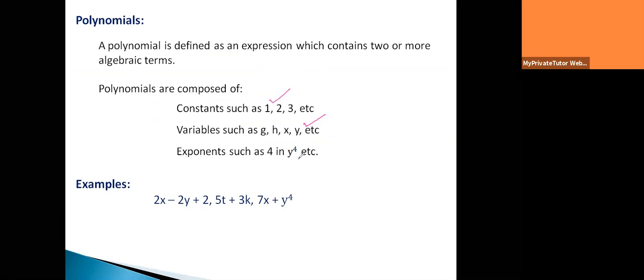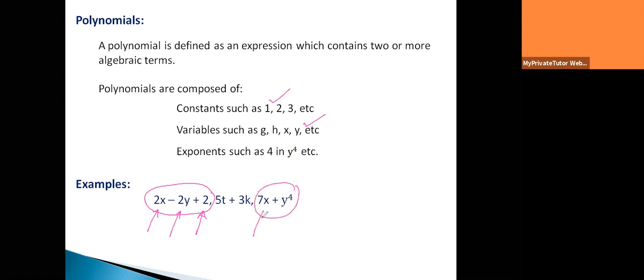Okay, so we are going to touch the exponents part in algebra now, and you can see the below examples. 2x is one term, minus 2y is another term, 2 is a third term. So we have three terms in this polynomial. And how many terms does this one have?